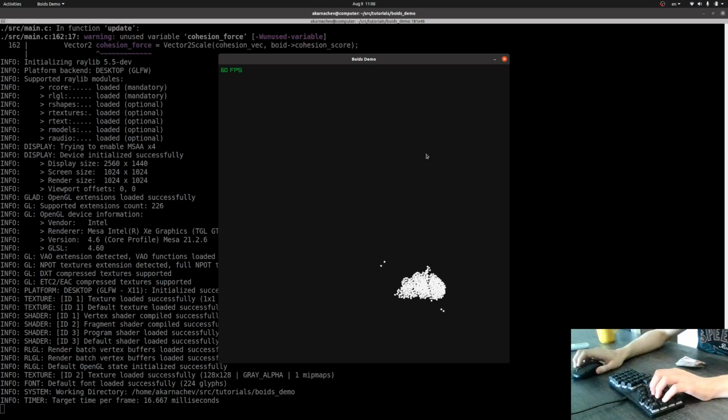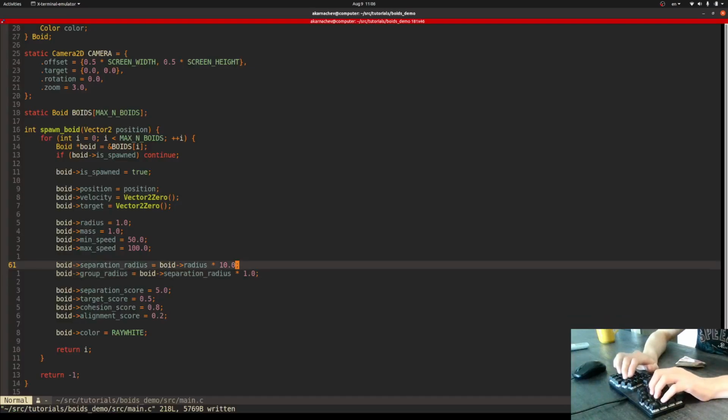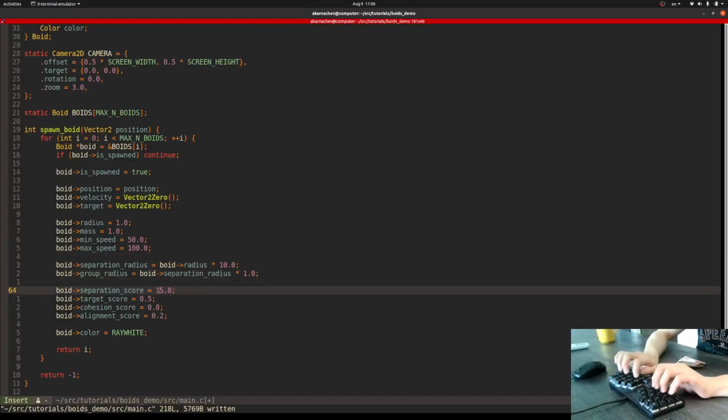Ah, they merge together. Will they separate at some point? No. How can they separate? I don't have any separation force, I mean separation not in a local sense, but in a global group sense. So, what if I increase this one?